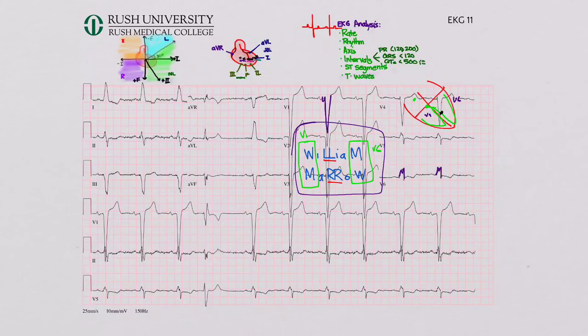Now, it used to be said that a new left bundle branch block should be considered an MI unless you can prove otherwise. And so that's not necessarily true, and maybe in the future they're going to say that we don't have to think that. But for right now, and I think probably for your test, a new left bundle branch block. So you get an old one, and it is not a left bundle branch block.